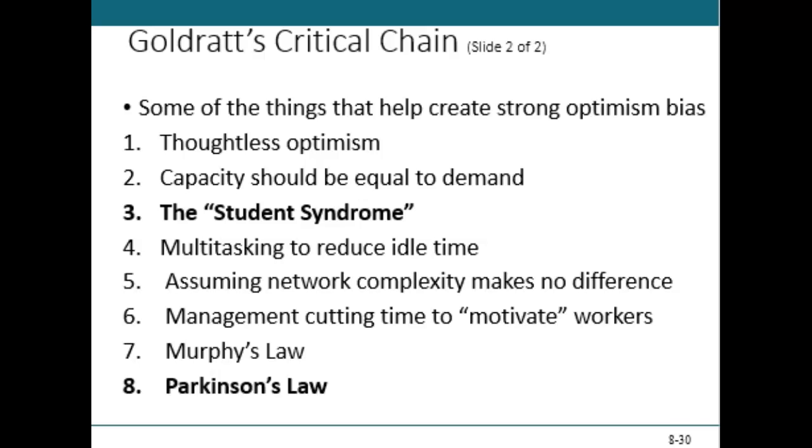What do you do? You start it the night before and pull an all-nighter. That's student syndrome. So you're basically doing an activity all at the last minute. You may do multitasking to reduce your time, but that's a distraction, right? Not the focus in detail that you wanted. He would talk of Murphy's Law and Parkinson's Law.